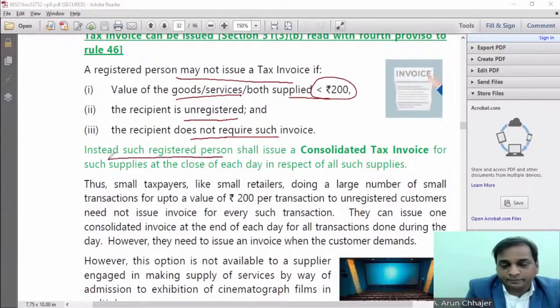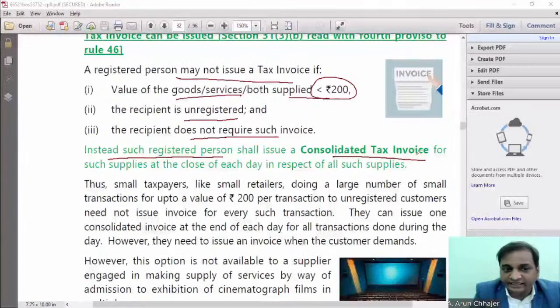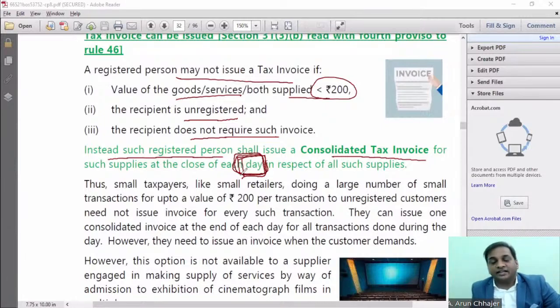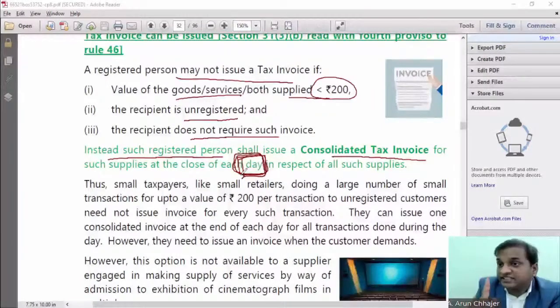Instead, such registered person shall issue a consolidated tax invoice for each day. Point to be remembered: sometimes the question is asked whether a consolidated tax invoice can be issued for every month. As per clause B, can we issue a consolidated tax invoice for each month? The answer is that consolidation is permitted.